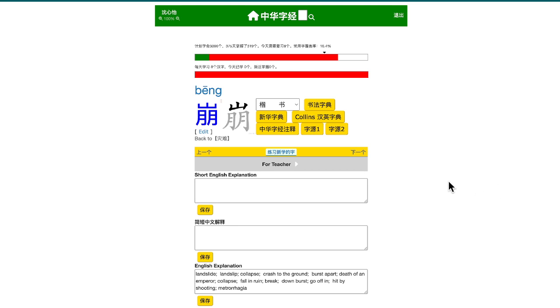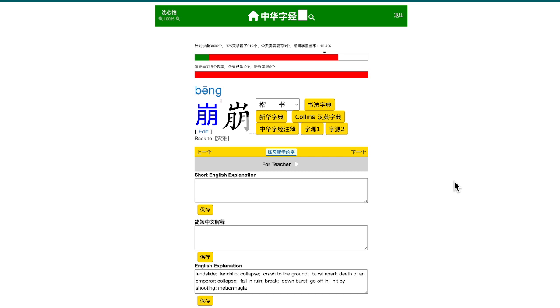Because rocks breaking down and rolling off the hill are a natural phenomenon. They wanted to express that the emperor's death is like a natural phenomenon, that the emperor has a divine character, so his birth and his death are controlled by divine power.